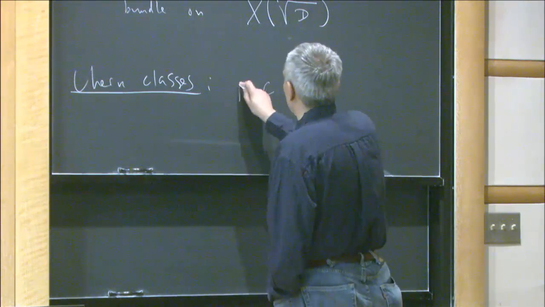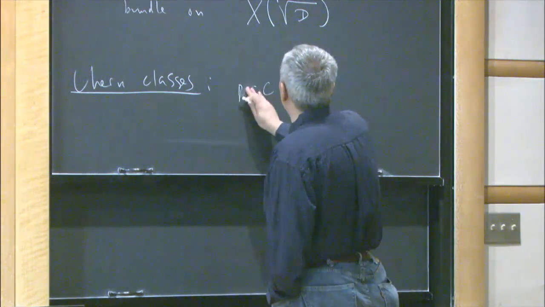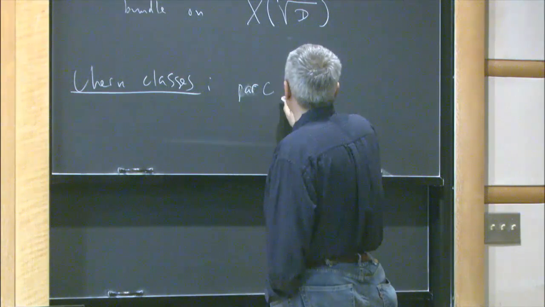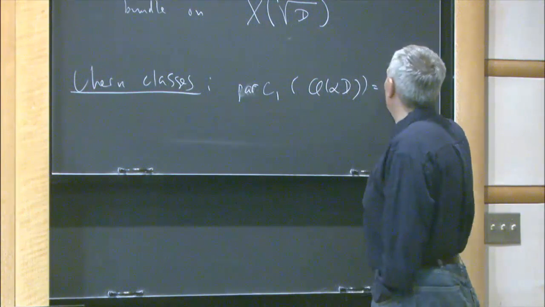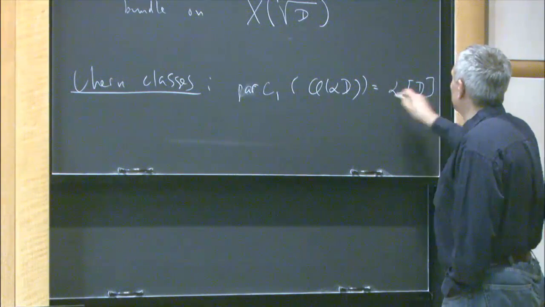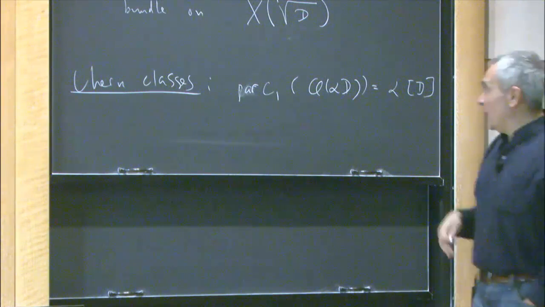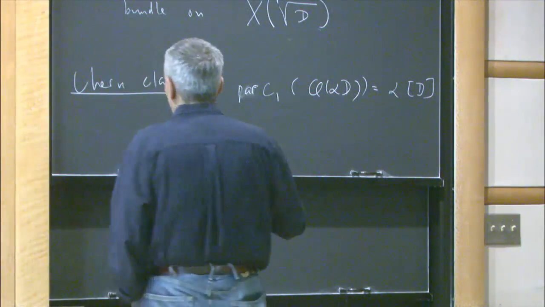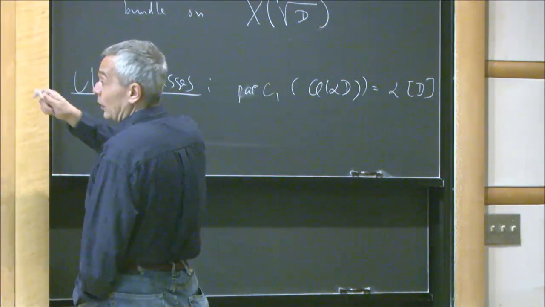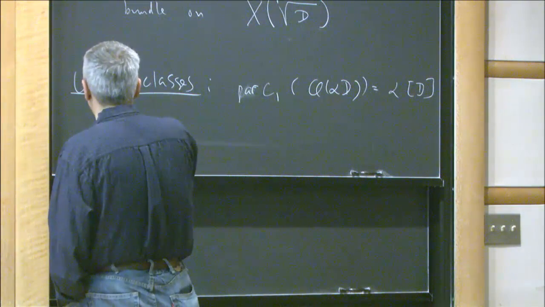So the parabolic Chern 1 of O(alpha D) will be just alpha times the class of the divisor. And then, of course, you can do the splitting principle yoga and define Chern classes in general for locally abelian objects.